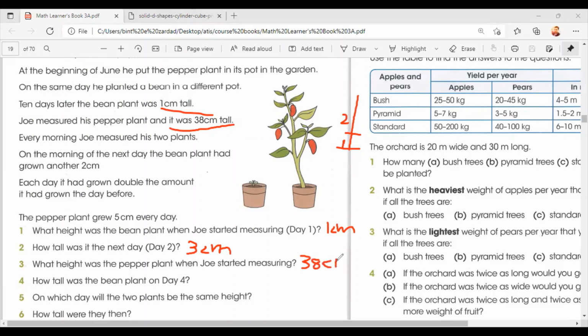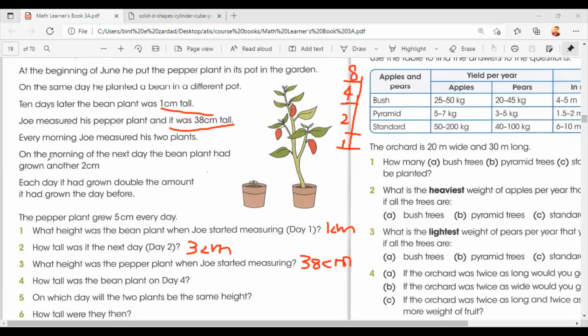And what about how tall was the bean plant on the 4th day? So this is on the 2nd day. On the 3rd day, it makes double. On the 4th day, it makes double again, 8.